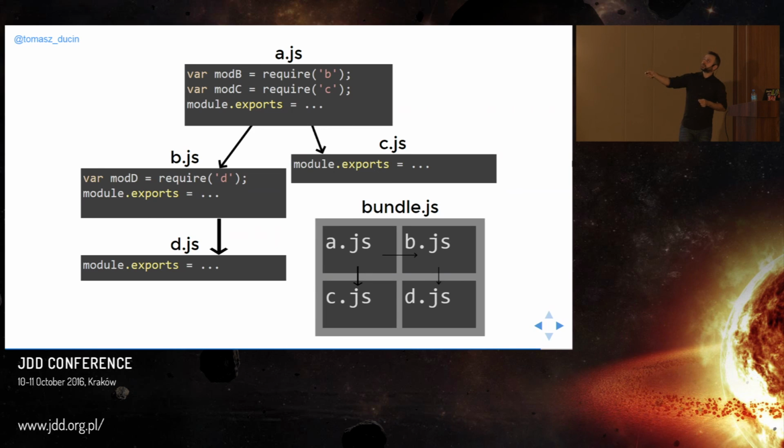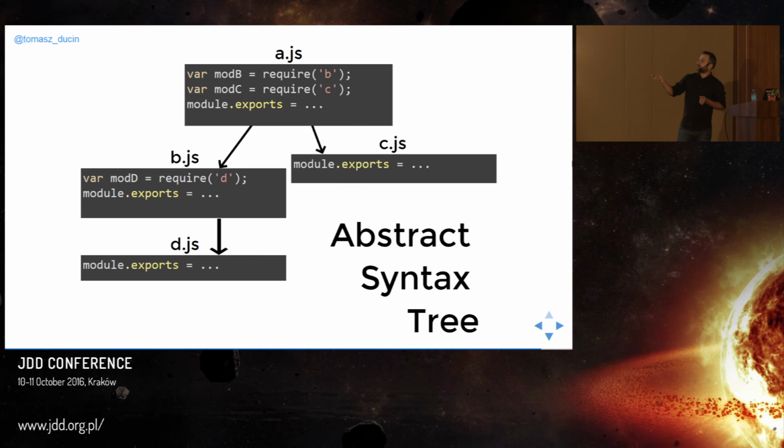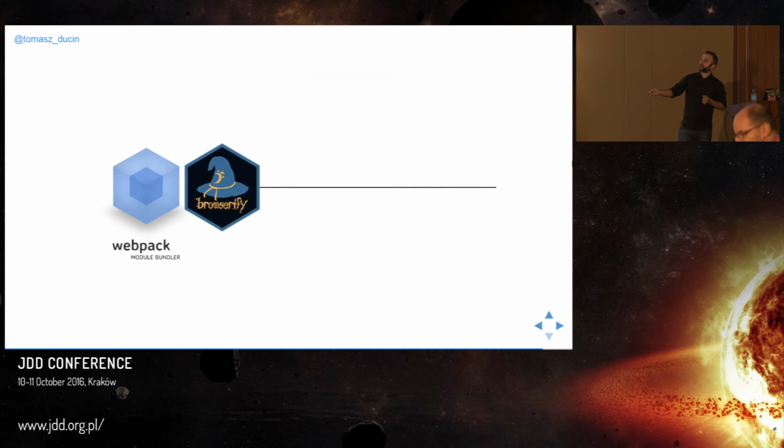This works in Node.js out of the box, but if you use things like this abstract syntax tree, you can use it also in the browser. So you can squash multiple files into one file and use it in the browser, just like we want to have this mock.js file. The tools that do it are, for instance, Webpack and Browserify.